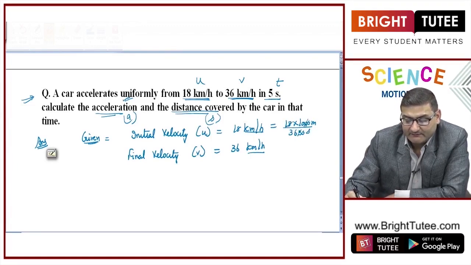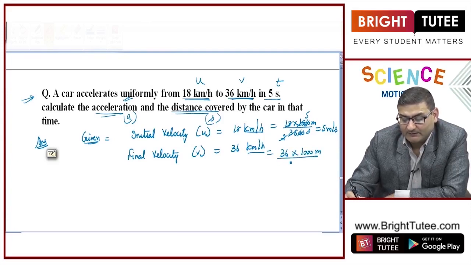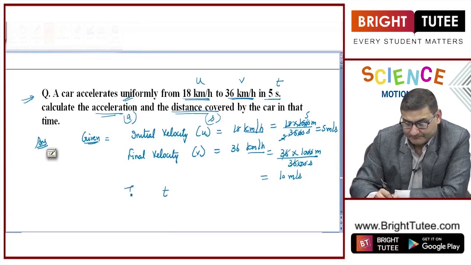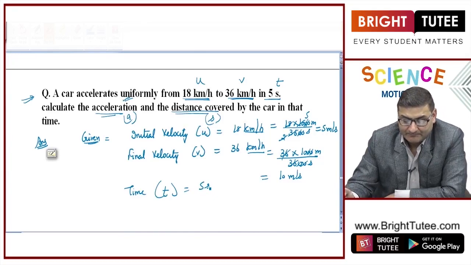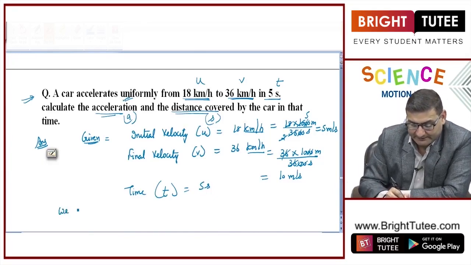Cancelling it out, it comes out to be 5 meters per second. And the final velocity is just double, 36 multiplied by 1000 meters divided by 3600 seconds. Cancelling it out, I am left with 10 meters per second, and the time is 5 seconds, right?